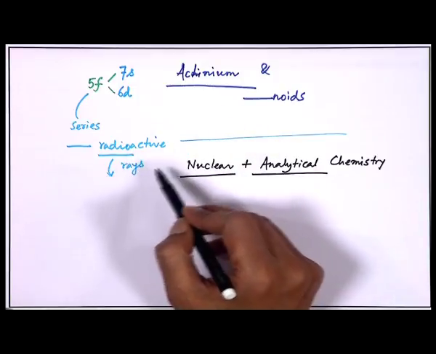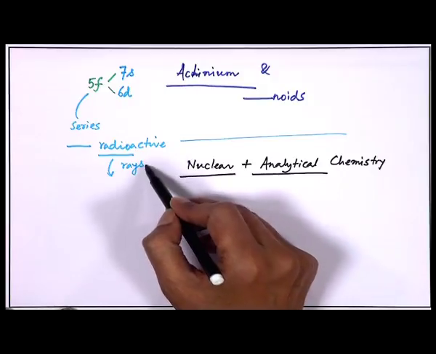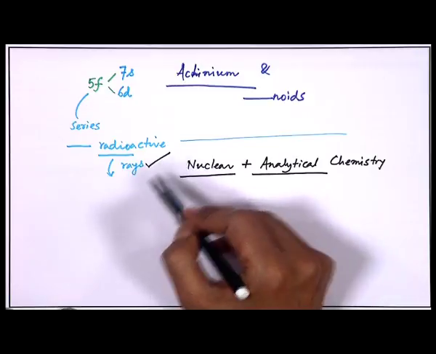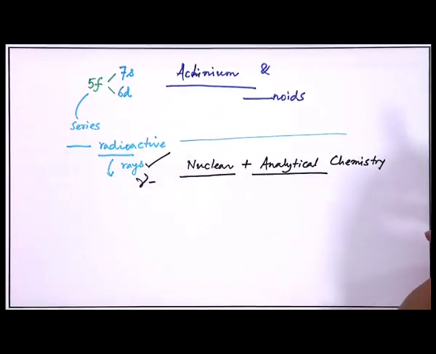So, alpha, beta, gamma rays they can produce. So, these are also useful for medical practice, the gamma rays can be useful for the treatment of cancer patients. So, sometimes these rays are useful.